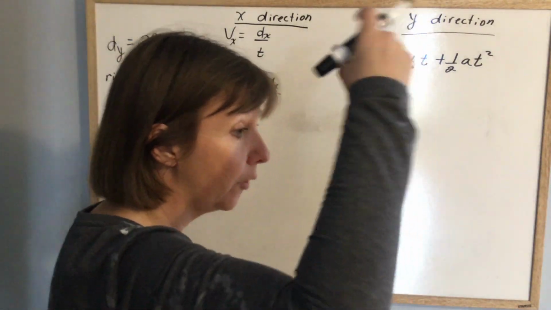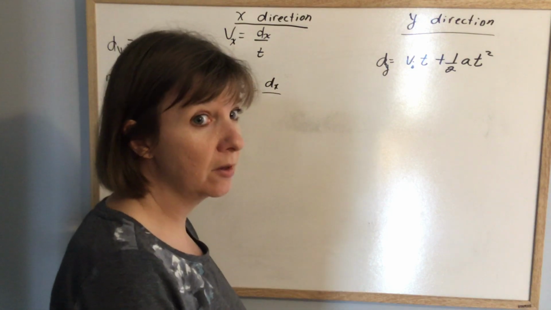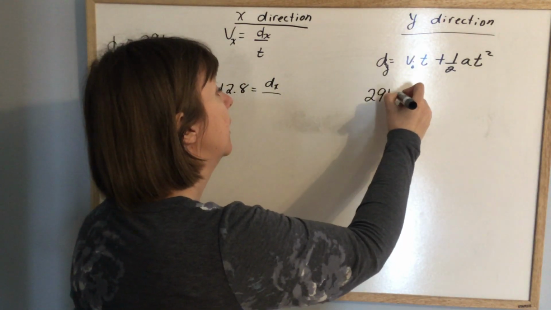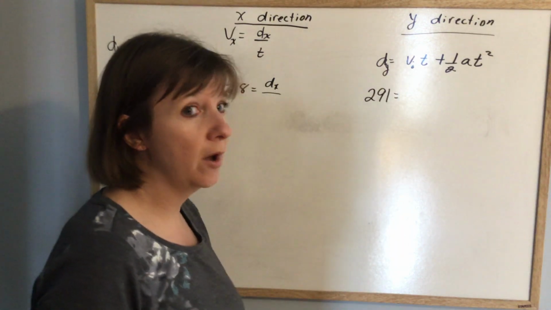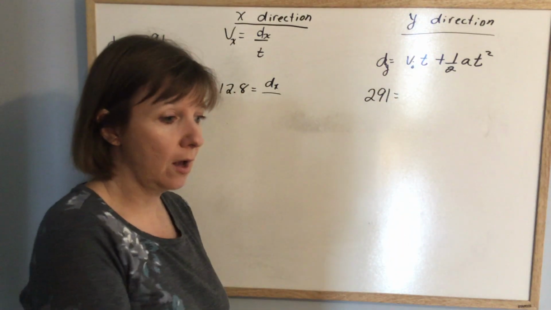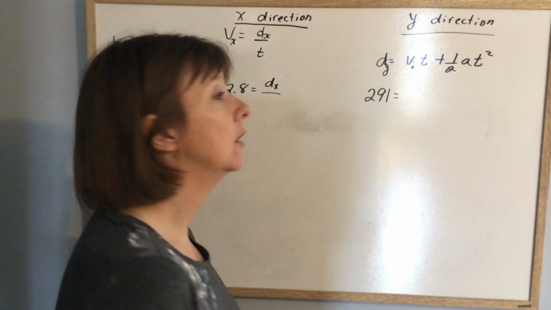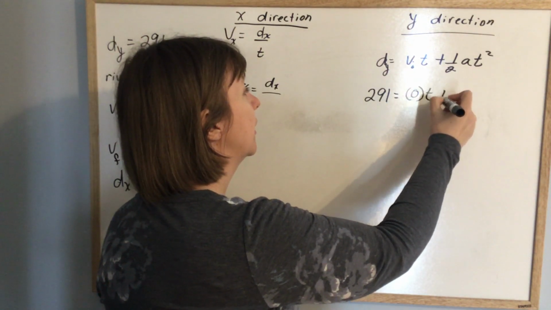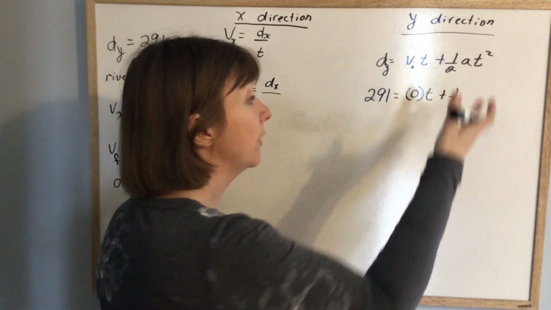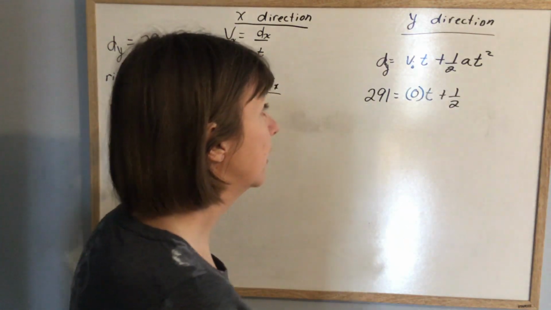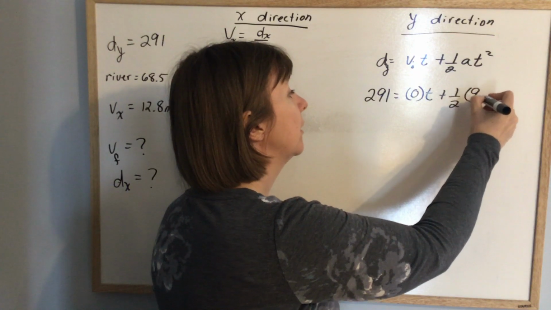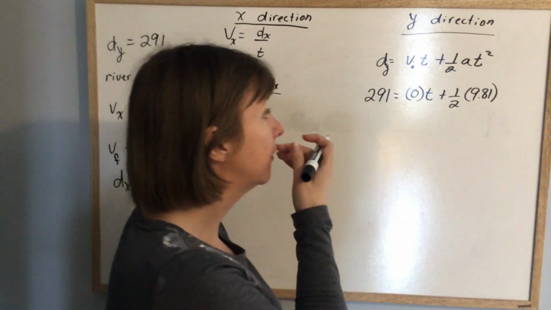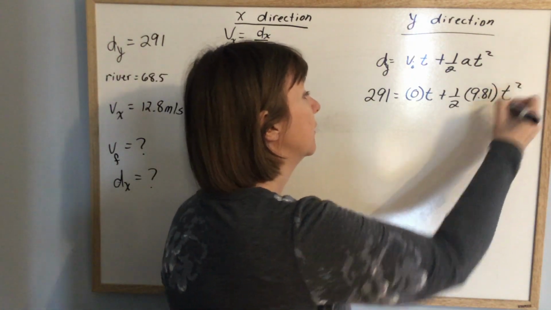It's got to go from the top of the cliff to the bottom of the cliff, which is a displacement of 291 meters. Now my initial velocity in the y direction is 0 because I'm initially just holding the rock. So my initial velocity is actually 0 times time plus 1/2 acceleration. Well, my acceleration is 9.81 because my acceleration is because of gravity. It's acceleration due to gravity times t squared.